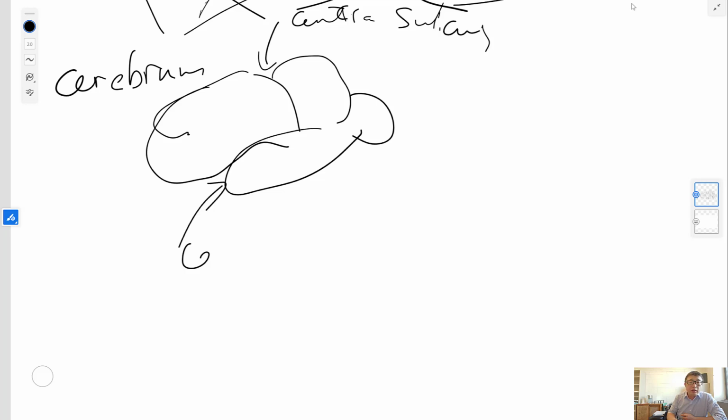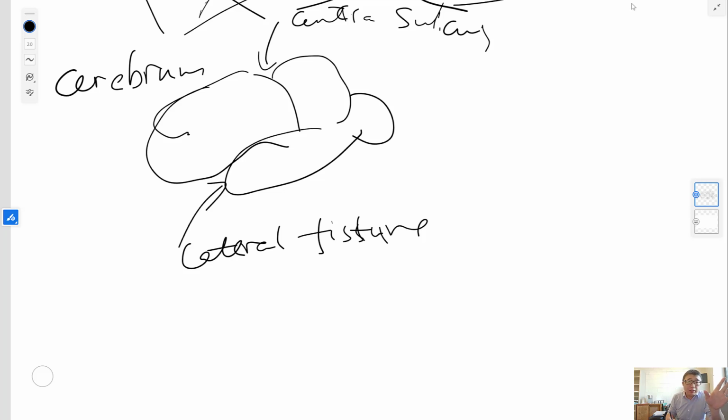And this is called the lateral fissure. But anyway, the cerebrum is divided into two, and here in the center they call it the longitudinal fissure, I think.